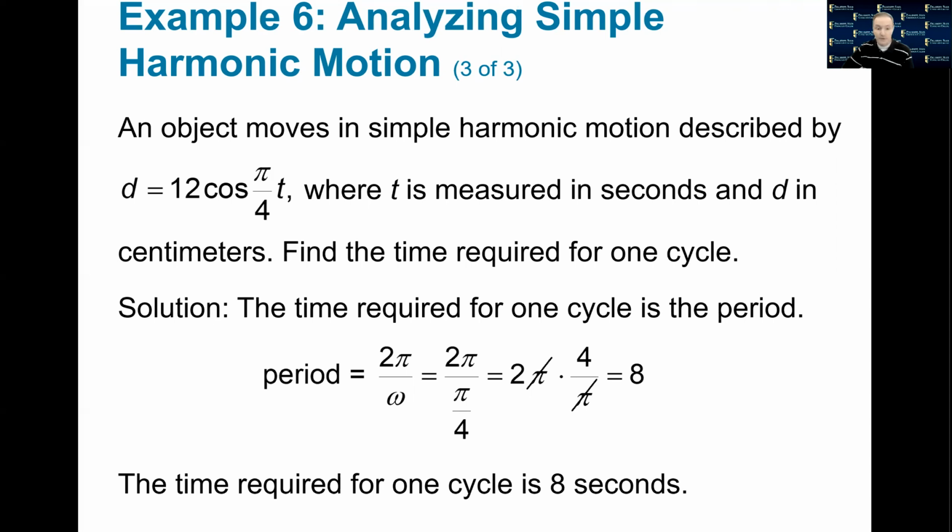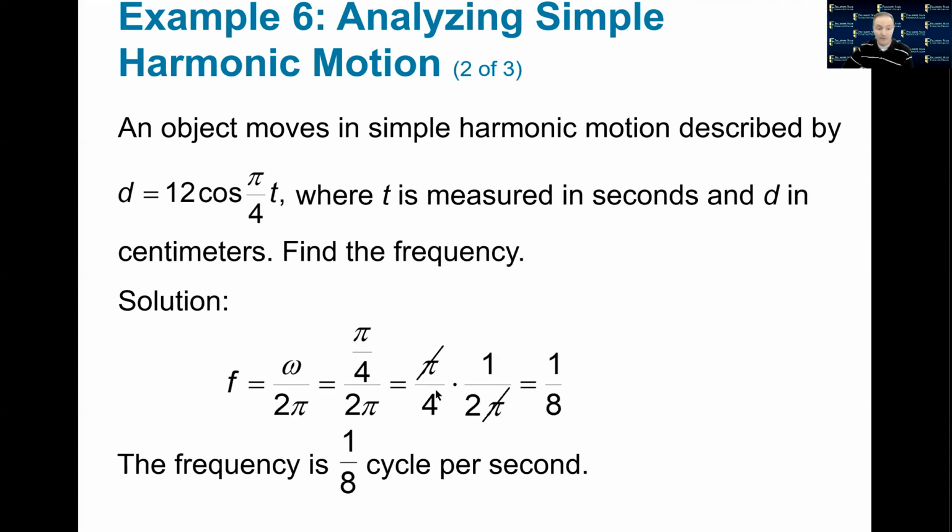Now, what's your frequency? For every second, you're going to complete 1/8 of a cycle per second. Since it cycles in 8 seconds, you're going to complete 1/8 of a cycle per second. That's going to be our frequency. And it's nothing more than the reciprocal of the period.